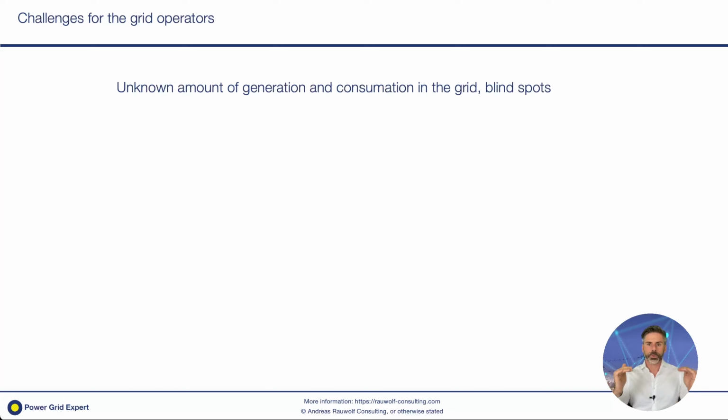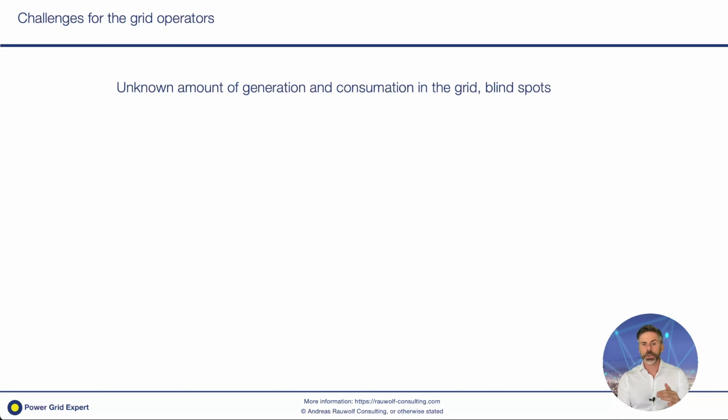The moment you start to feed these different voltage levels with different DERs, with different renewable energy suppliers, this calculation does not work anymore, because you see what's coming from the big power plants, but you don't know what's going on in between.